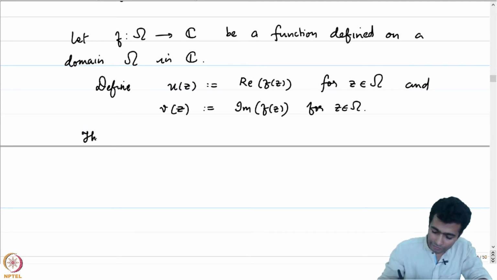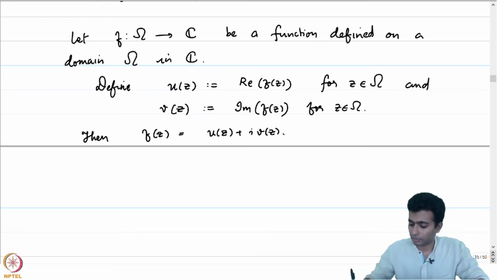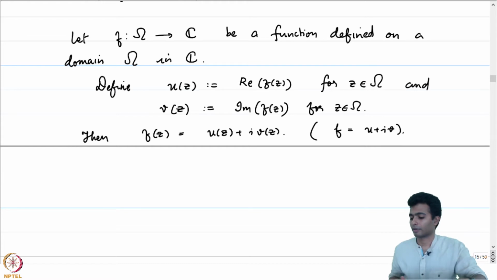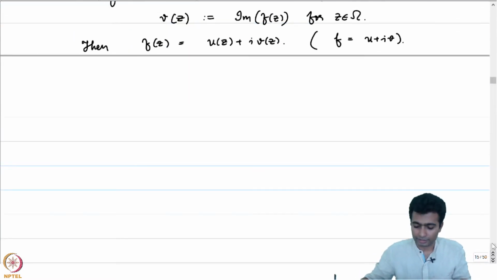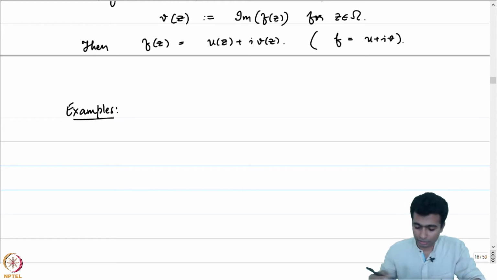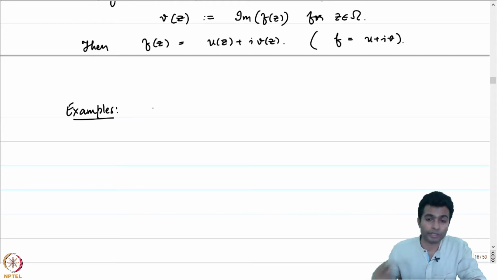Then we can write f as u of z plus i times v of z, which is sometimes captured by the expression f is equal to u plus iv. Let's look at some very basic examples, because we are going to study all types of such examples, but let's look at the polynomials as the first example.